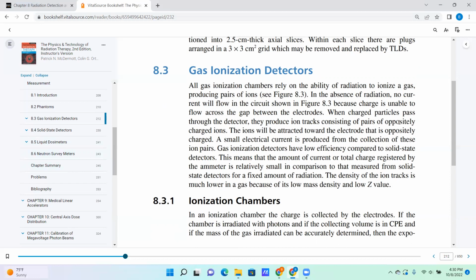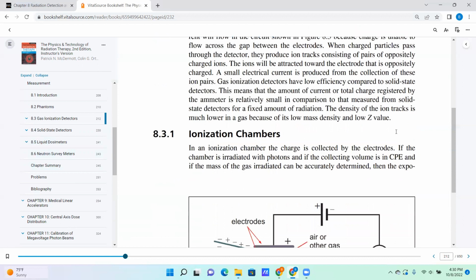A small electric current is produced from the collection of these ion pairs, and gas ionization detectors have low efficiency compared to solid state detectors. That means the amount of current or total charge registered by the ammeter is relatively small in comparison to that measured from solid state detectors for a fixed amount of radiation. The density of the ion tracks is much lower in a gas because of its low mass density and low Z value.